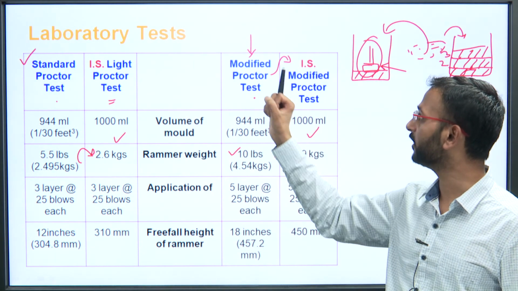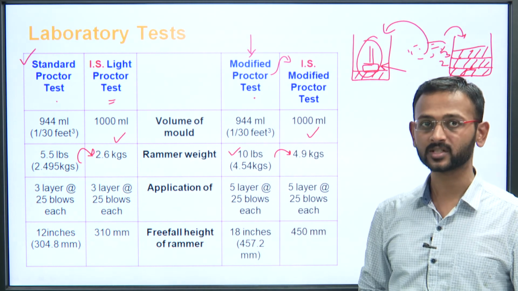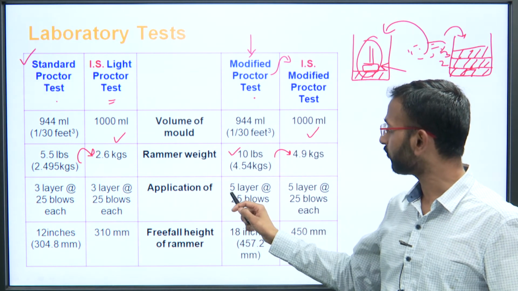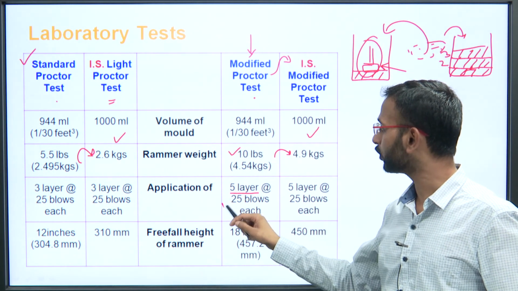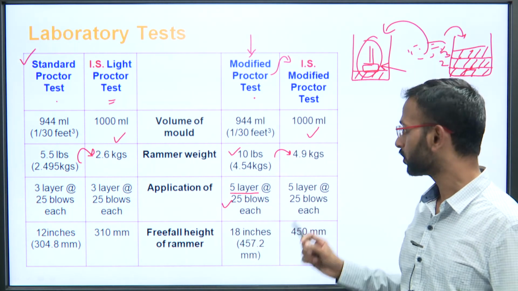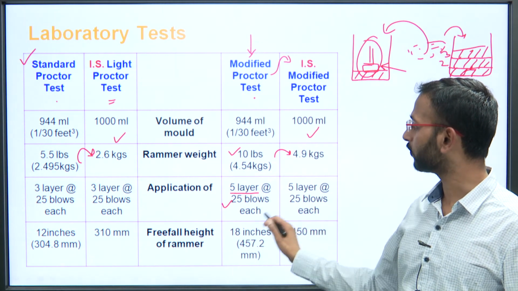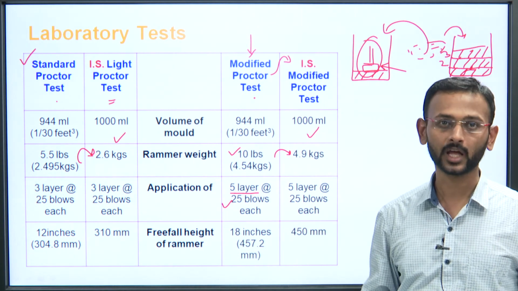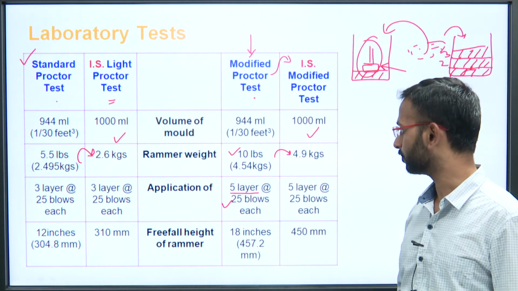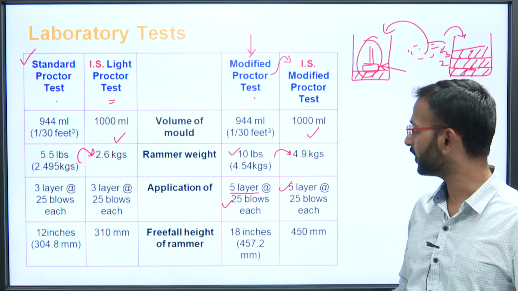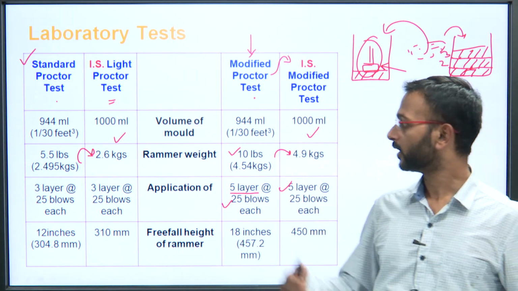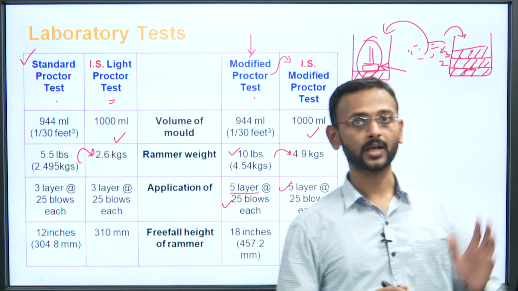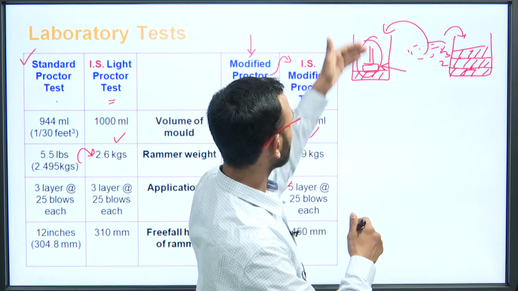For the heavy test, the modified Proctor test, there are 5 layers at the rate of 25 blows each layer, so you are giving 125 blows. For the Indian standard it is the same, 5 layers at 25 blows each.